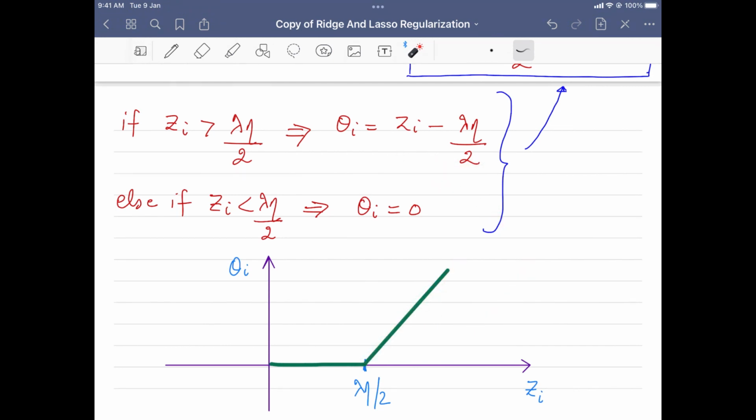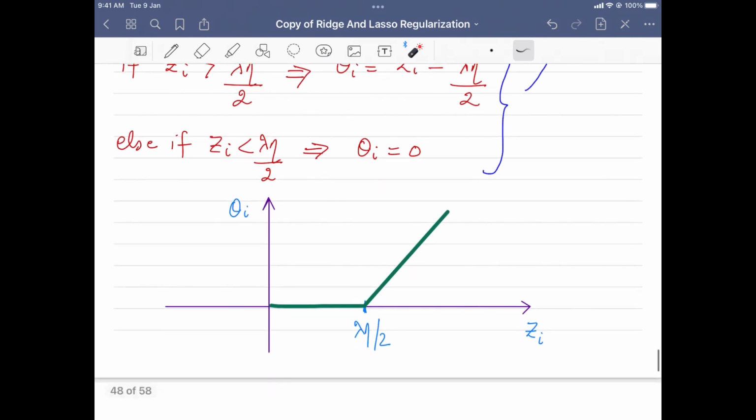So here you can see two important things. In the case of lasso regression, you are selectively passing some of the features, and you are rejecting some of the features which are less than lambda eta by 2. If you recall, we started out with lasso with the motivation that we wanted to look for features which are really important for our problem, and we do not want to go for the features which are not important for us.